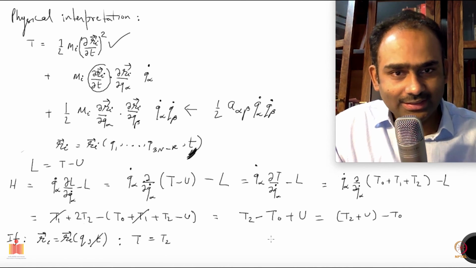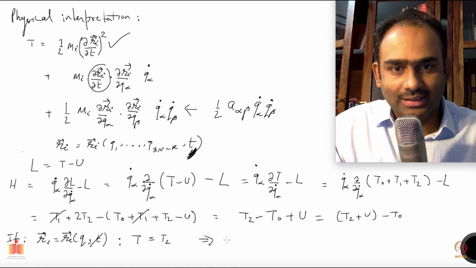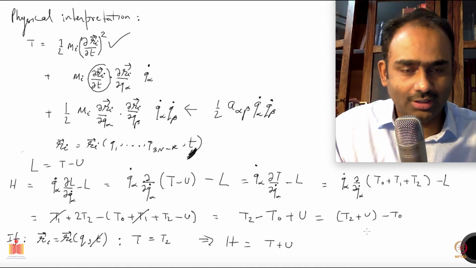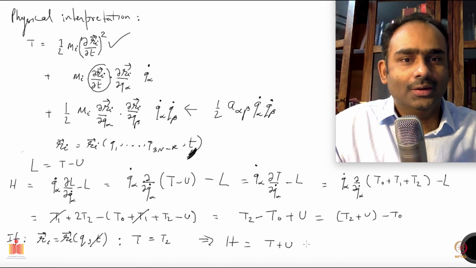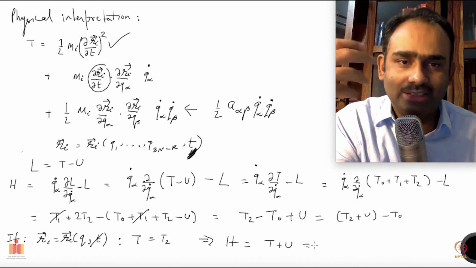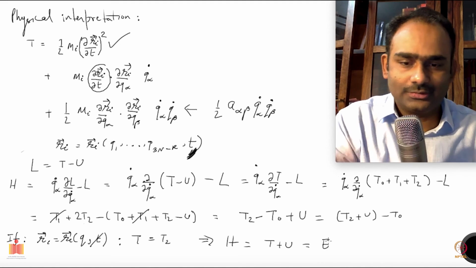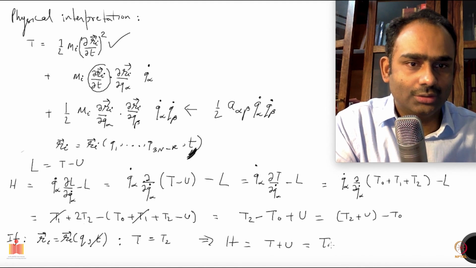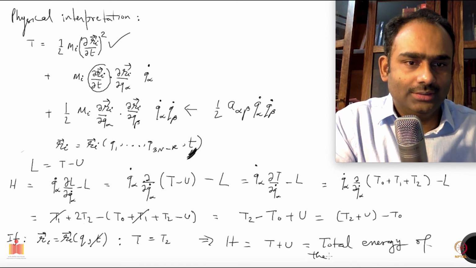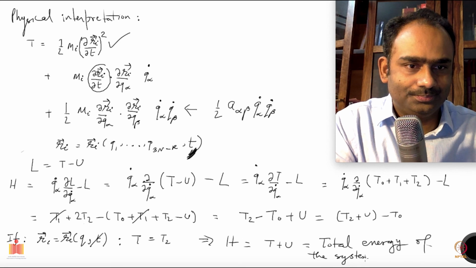If that is the case, then your Hamiltonian will be T2, which is the same as T now, plus U, because T naught is gone and T2 is T. That is kinetic energy plus potential energy, which is the total energy of the system.